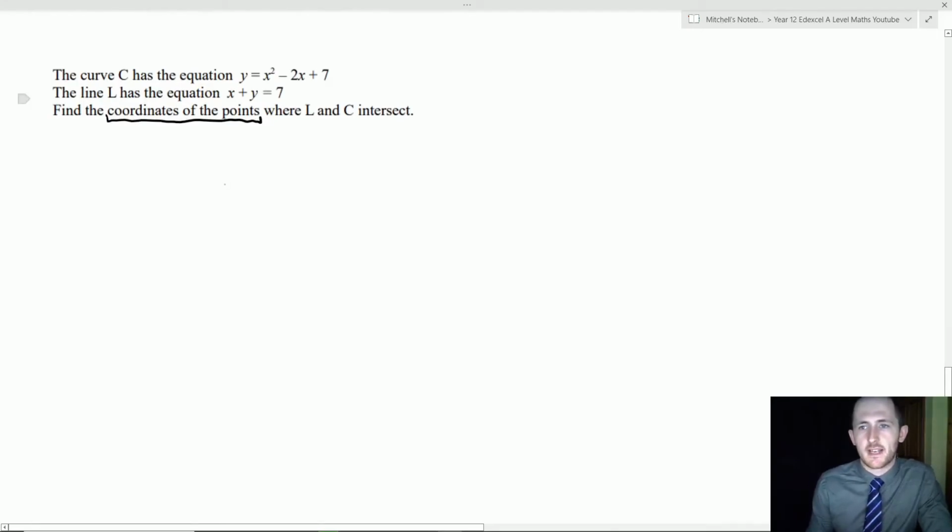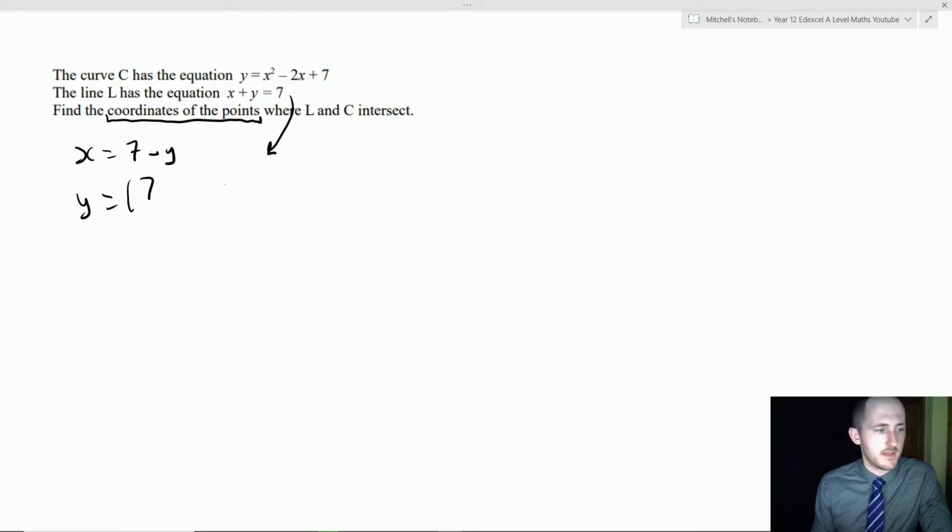So since y is actually on the left-hand side, I'm actually just going to rearrange for x instead, because we want to make sure we get a quadratic. Okay, so we have y equals 7 minus y, squared, minus 2 times 7 minus y, plus 7.